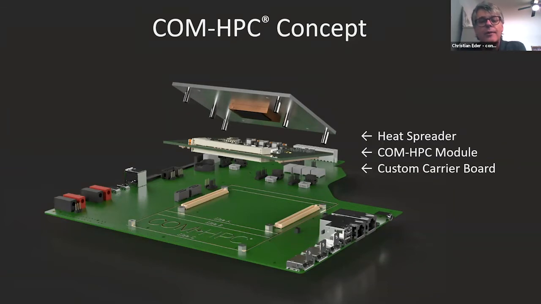The carrier board is the customized part, which is always created to project demands, to customer demands, which holds all these customized functionalities which a standard PC never can carry. And the COM-HPC module itself is the core module, let's say, having all PC type features, all server type of features integrated in there. The beauty of this open standard is that the module, of course, is exchangeable between different vendors and also between different technologies.